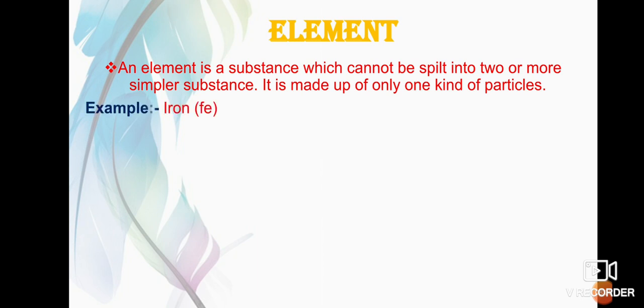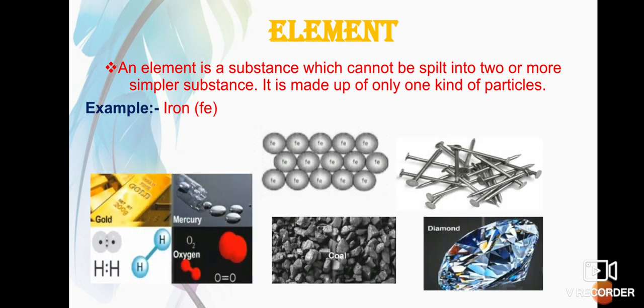For example, iron. If you take an iron nail, iron rod, iron knife, anything, and cut it into small pieces, then if you look at these pieces under a microscope, you can observe that all are made from one material, that is one element, ferrum, the chemical name of iron.